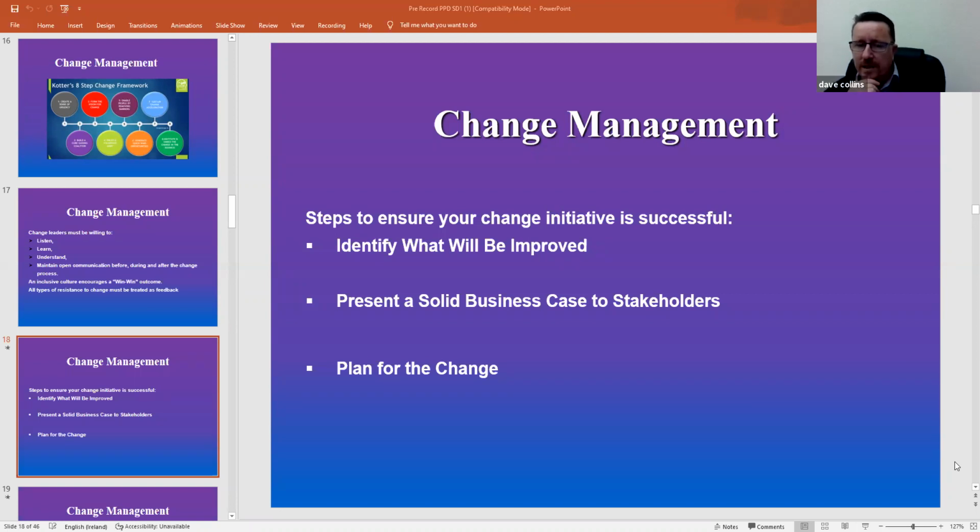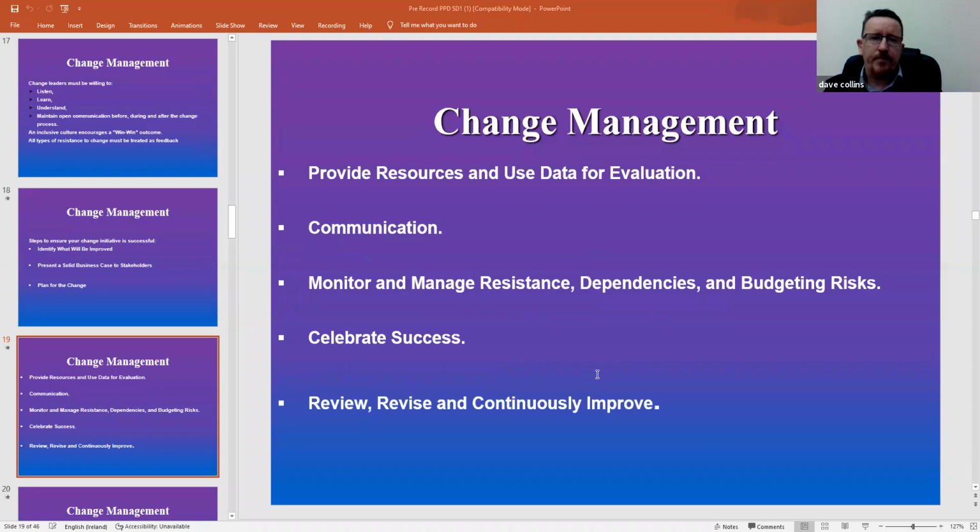There's no point in going in and saying, right, this is what I want us to do. I think we should do this, I think we should do that. Go in there, be prepared, have a plan, and present it to the people who need to know and who can help you with this change.